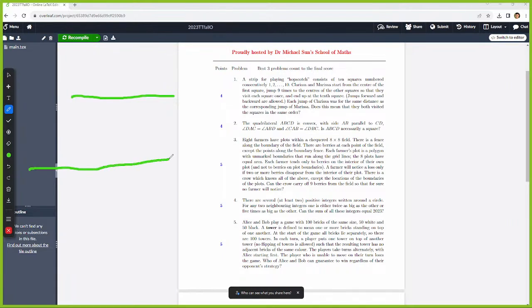It looks like it's going to meet, but that's because I just drew it badly. And we draw it like this, and draw it like this. Okay, and then it's A, B.